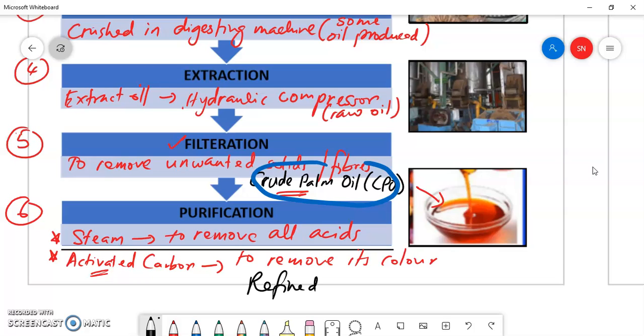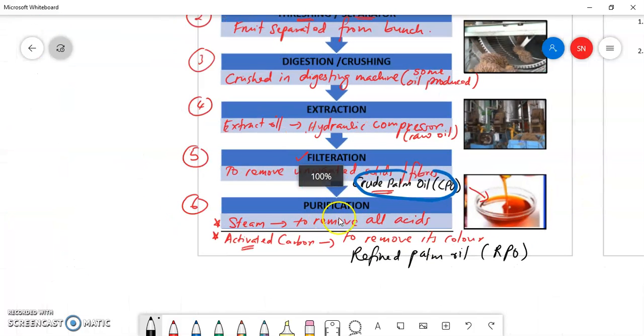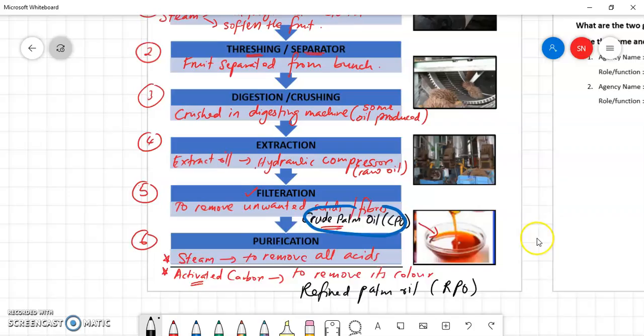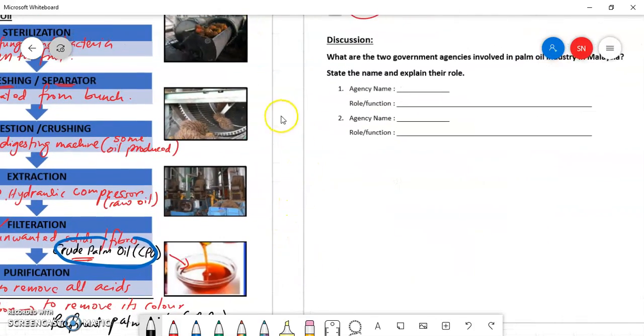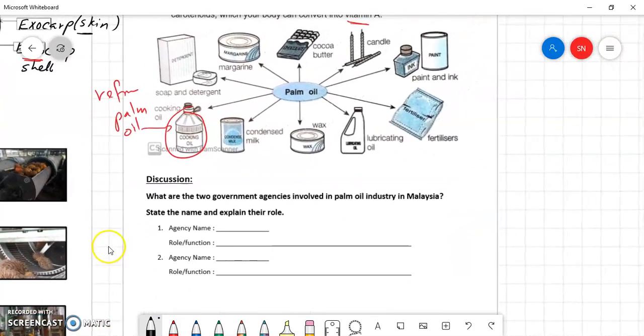Okay, please add this in, I forgot just now. Refined palm oil. All right, call it RPO. So that is after purification. Before purification is crude palm oil. All right, so the acids are removed, then it becomes refined palm oil. Okay, the color also becomes lighter in refined palm oil.